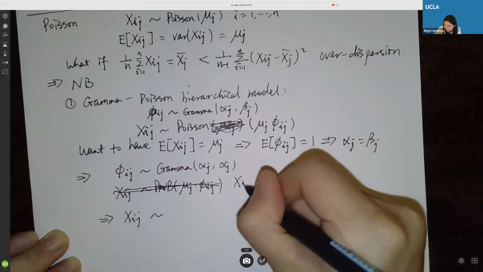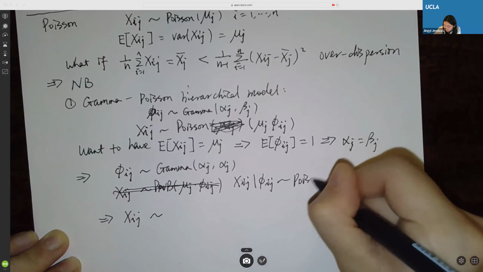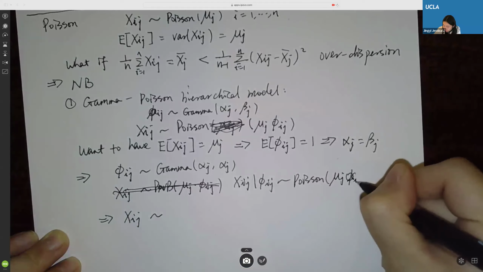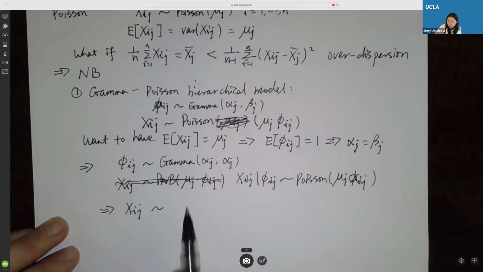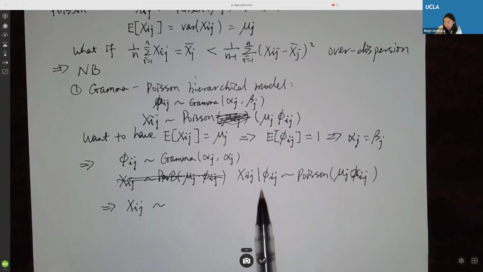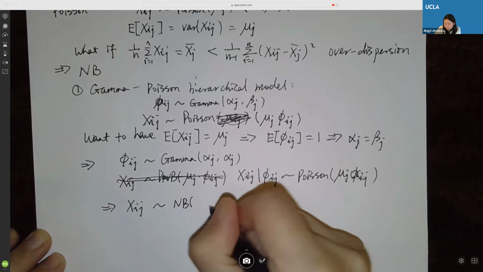Xij given phi ij follows Poisson mu j times phi ij. Yeah, with this, putting them together, the marginal distribution, that is, when we integrate out phi ij, xij will follow negative binomial with two parameters.